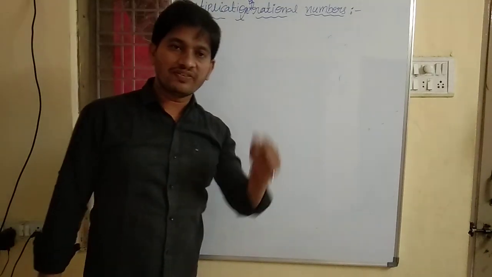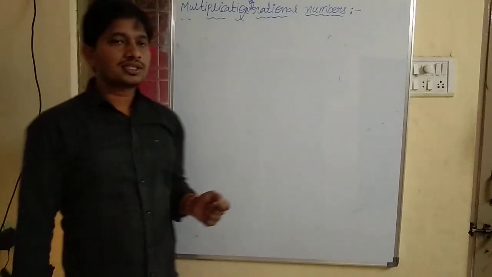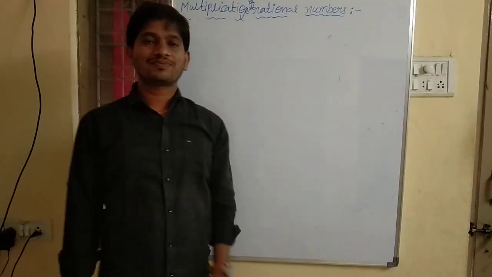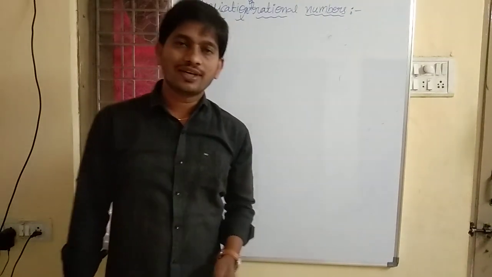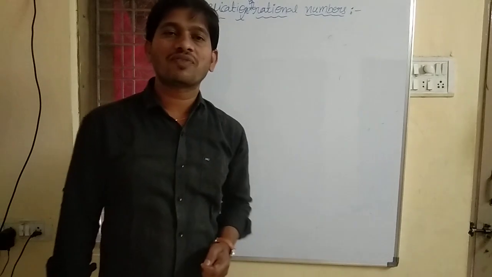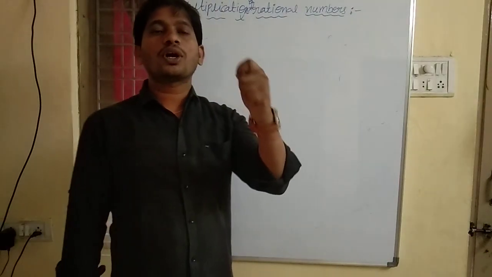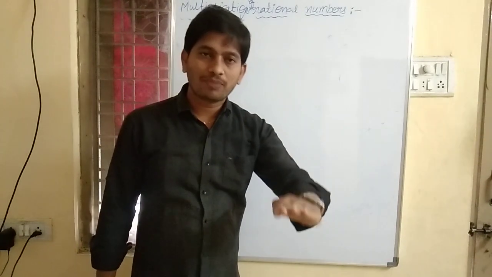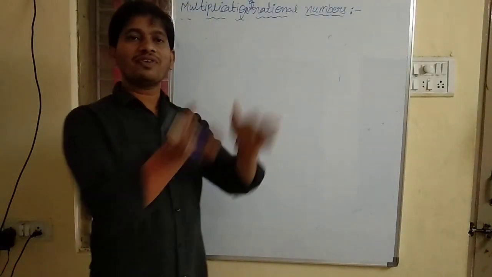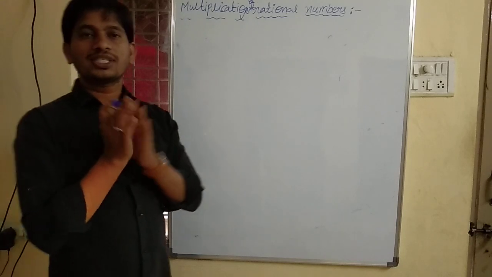We know in the previous classes we have discussed multiplication of fractions. As we know, multiplication of fractions is equal to the product of numerators divided by the product of denominators. The same thing we will apply here also.